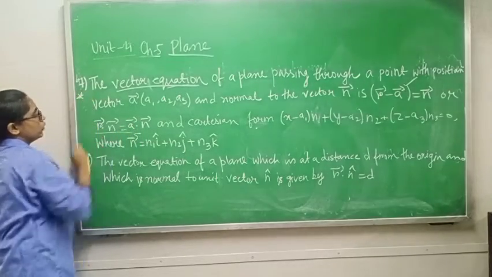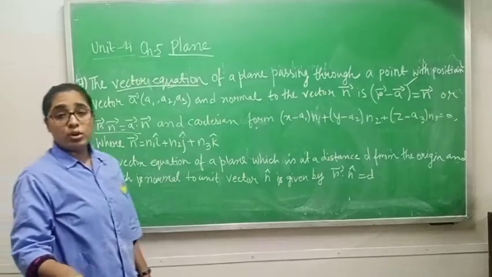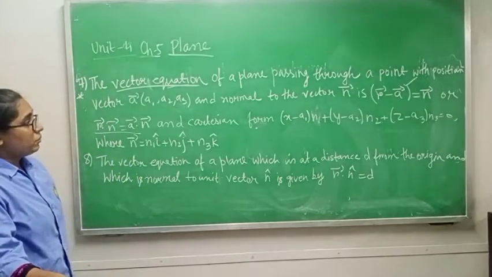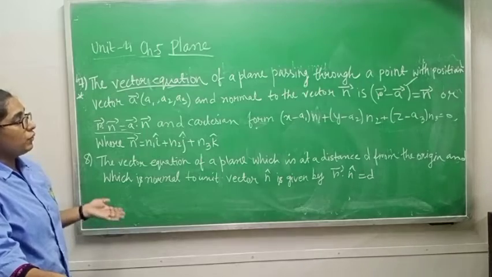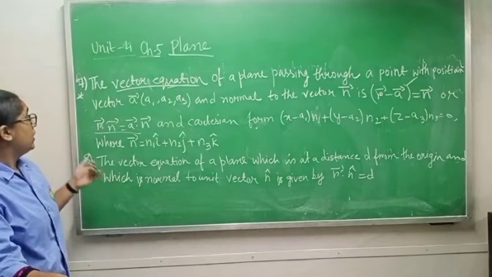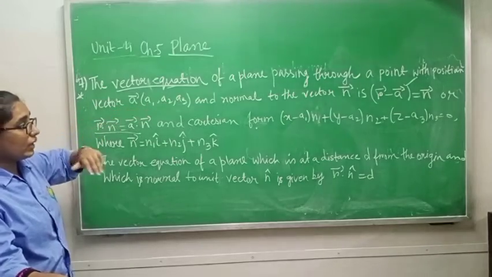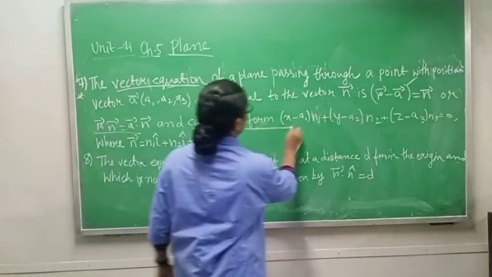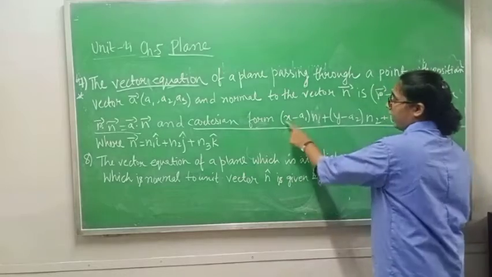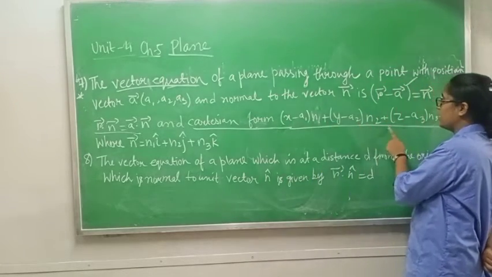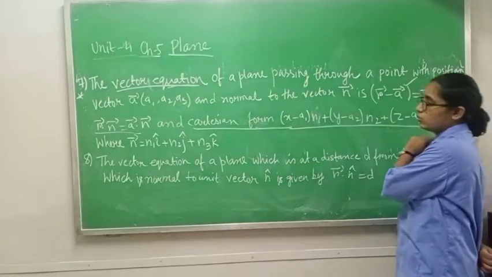This one is important. Okay, and if they ask for the Cartesian form of a plane passing through a point with position vector a and normal to n, then the Cartesian form is this: x minus a1 times n1 plus y minus a2 times n2 plus z minus a3 times n3 equals 0.